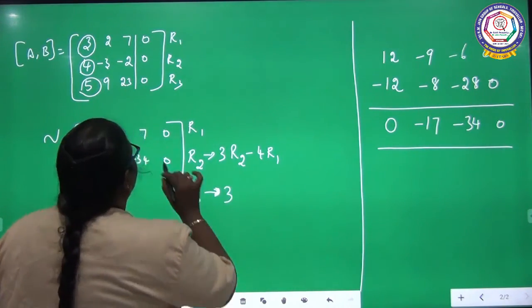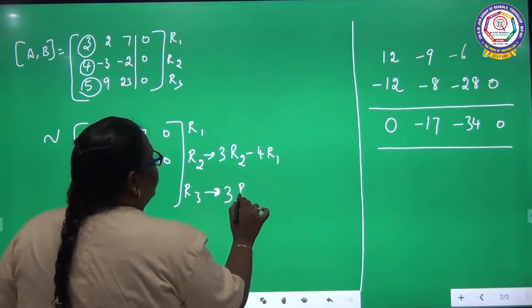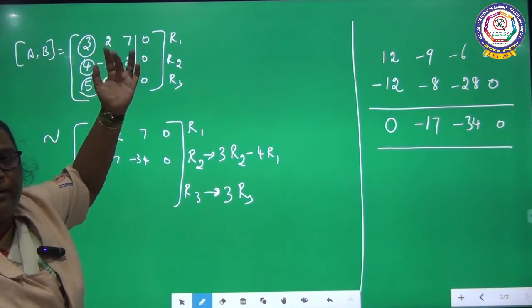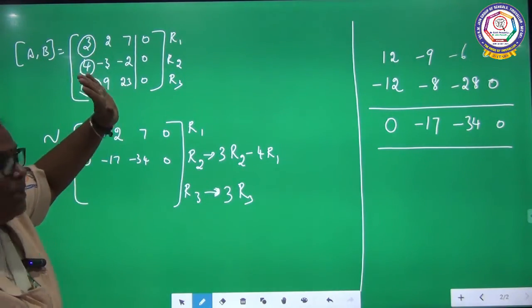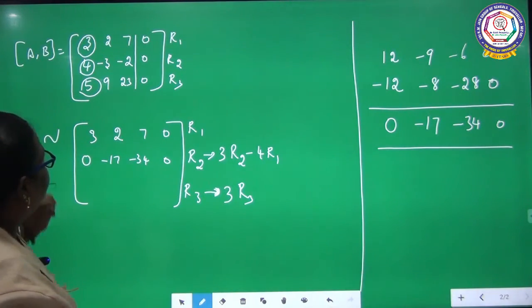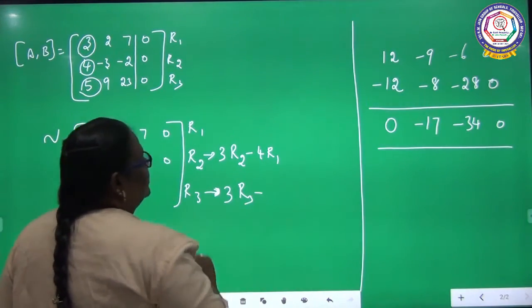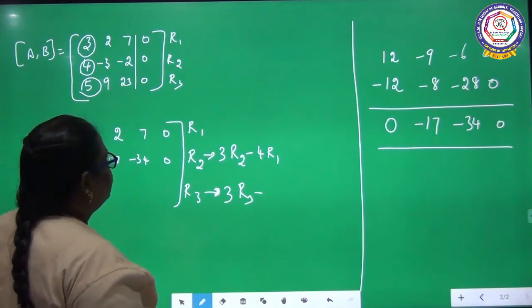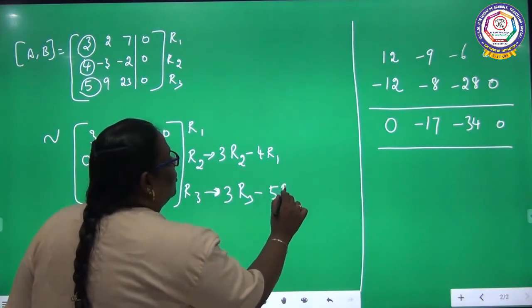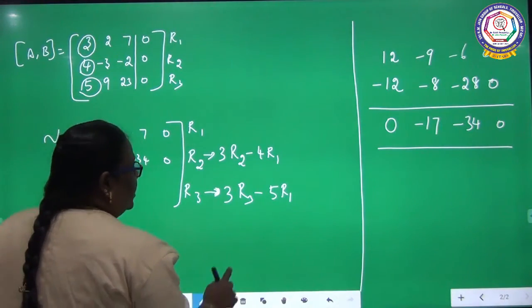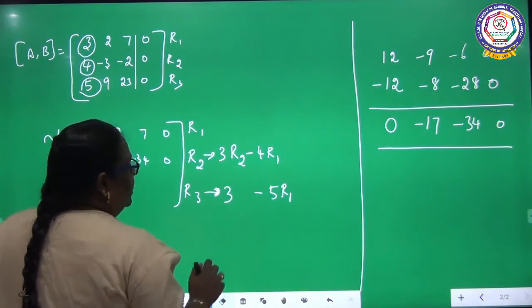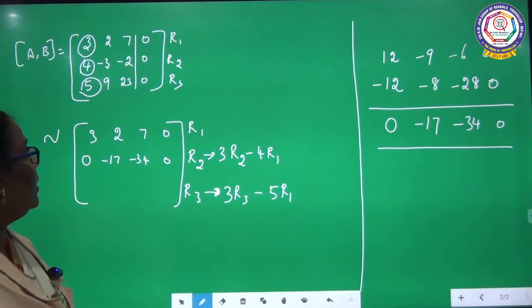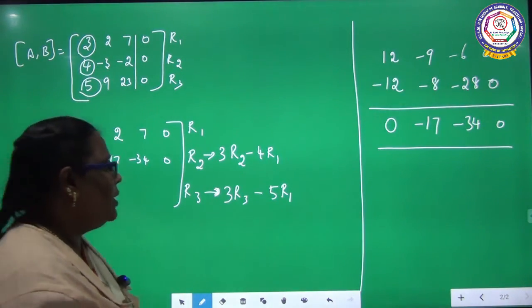You interchange and multiply, that's all. The same way we do it for the elimination method. 3R3 minus 5R1.